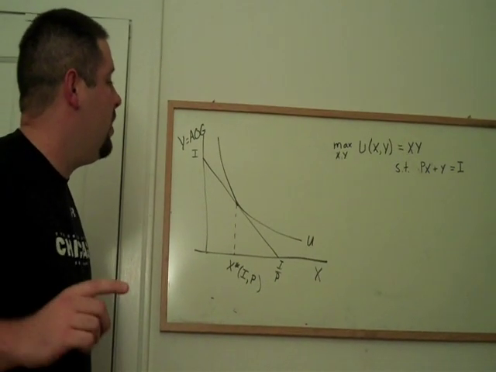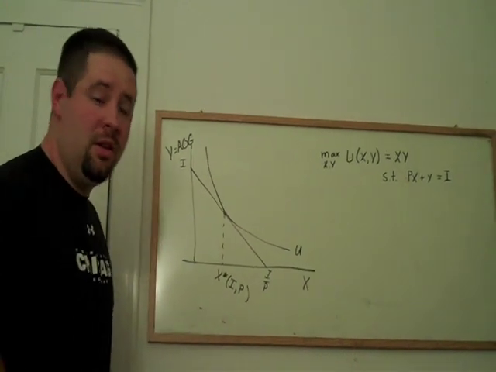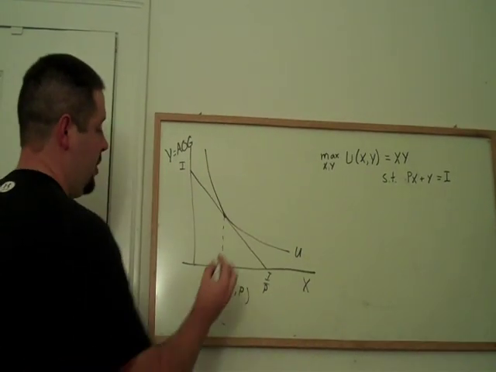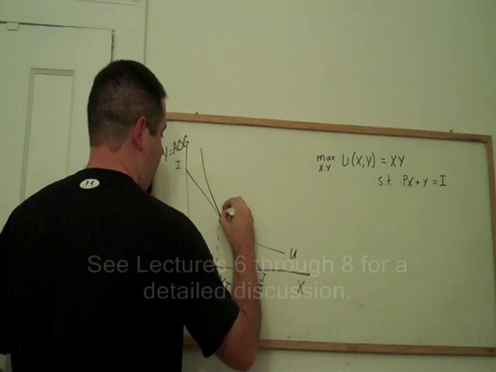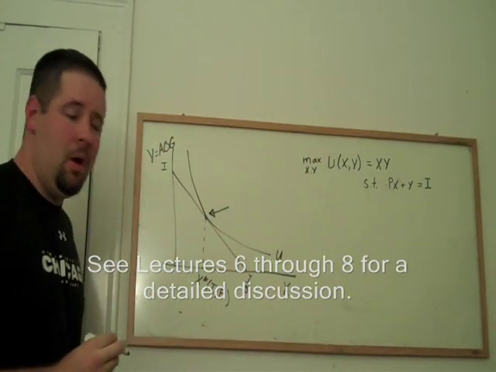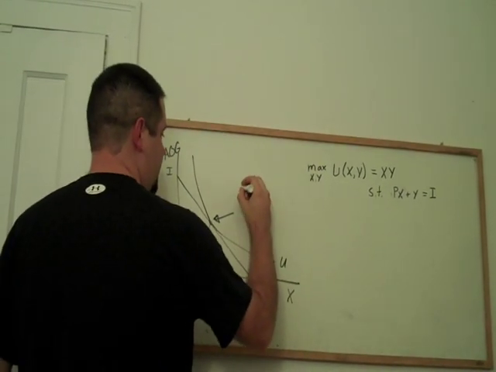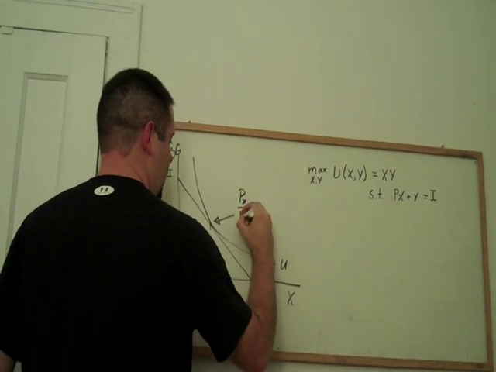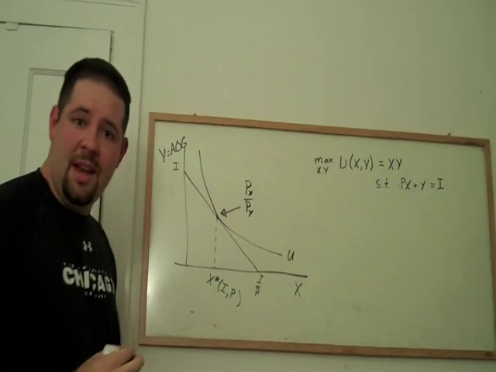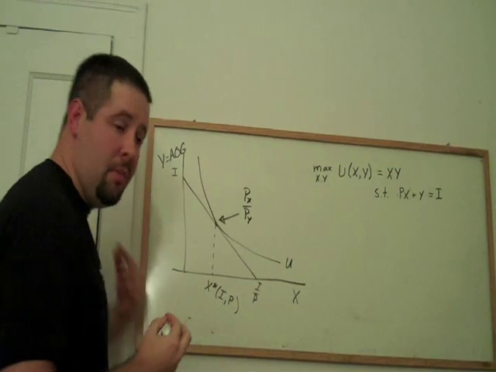Now remember when we talked about the marginal rate of substitution and the price ratio, we pointed out that at this optimum, one thing that's true is that the price of x over the price of y, that's just the negative of the slope of the budget constraint.